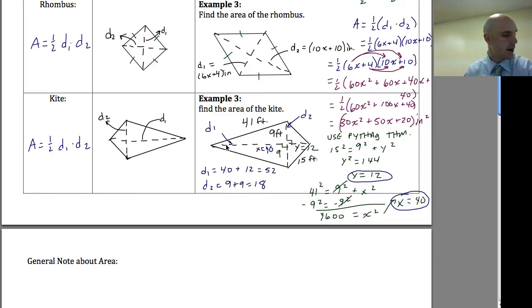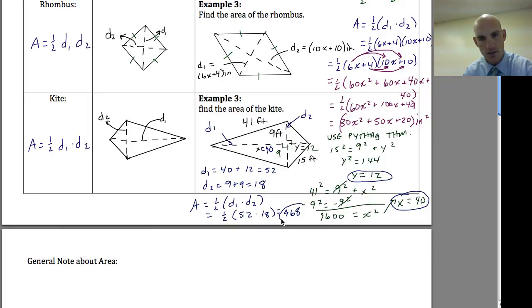So when I come up with my area equals 1/2 D1 times D2, that's equal to 1/2 times 52 times 18 equals 468. And that's feet squared. A lot of work kind of smashed in there.